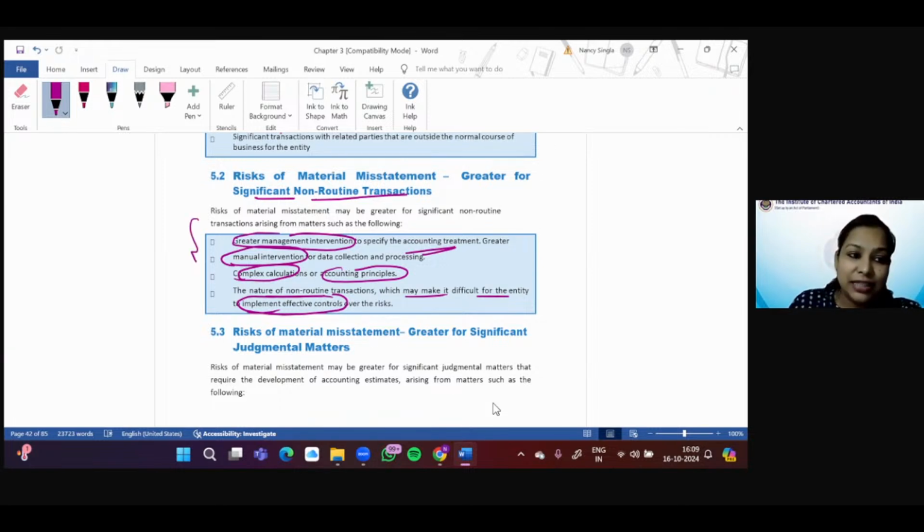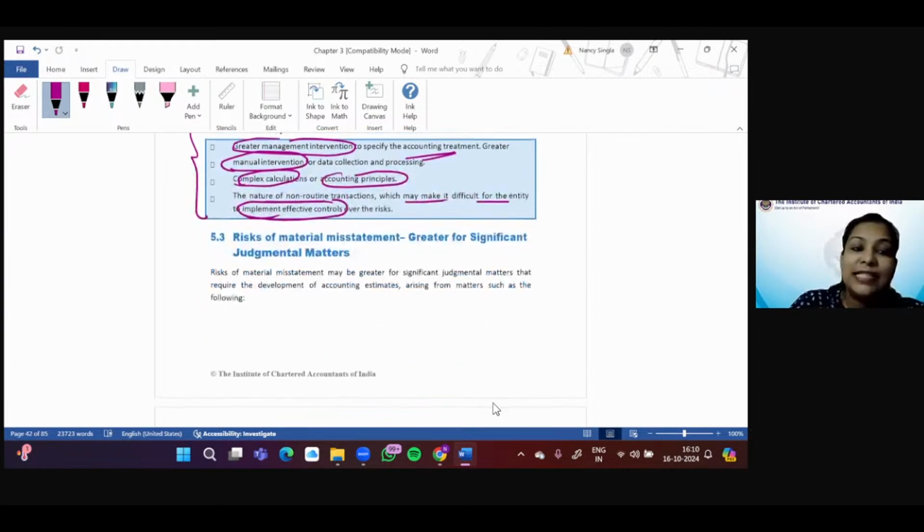So these are the reasons why the risk related to significant non-routine transactions is greater: greater management intervention, greater manual intervention, complex calculations or accounting principles, and the difficulty of implementing effective control.